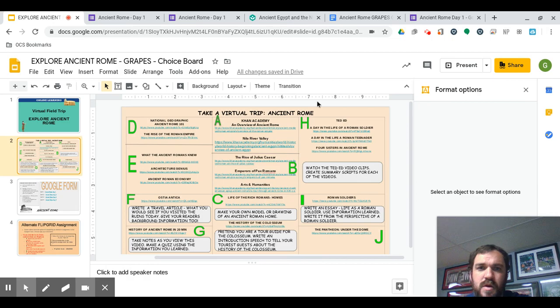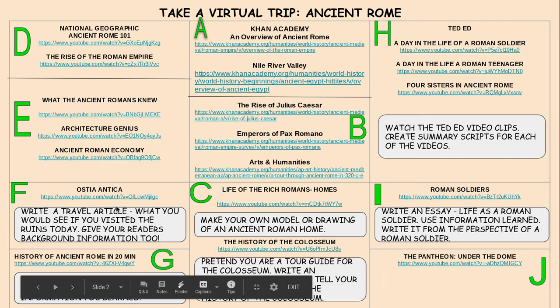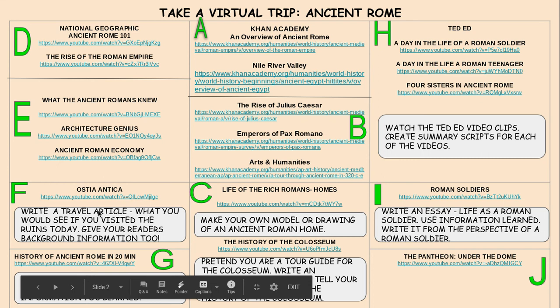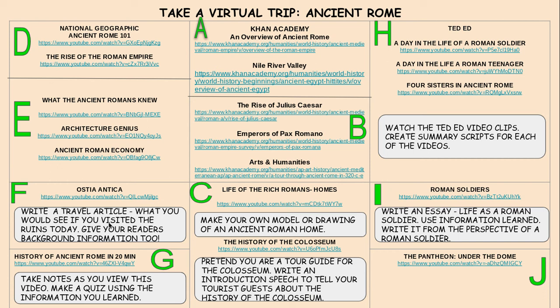Okay. Now you probably see that some of these have these little bubbles. Okay, these are alternative assignments that you could choose to do. Okay, instead of filling out a Google form, if you did watch the video in section F, you could do this.